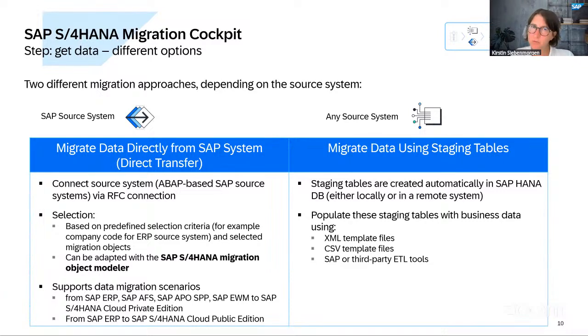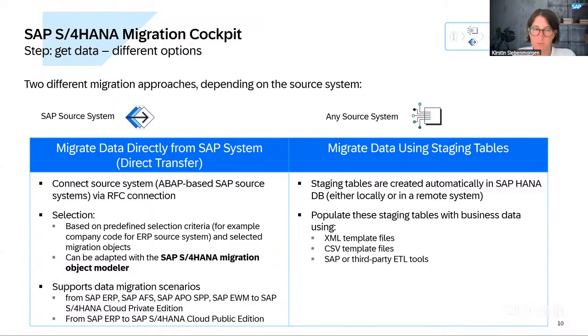As already mentioned, we have two different options to get the data, and these two different migration approaches depend on the source system. So if we have an SAP source system, we have the possibility to migrate the data directly from an SAP system. We call that the direct transfer.